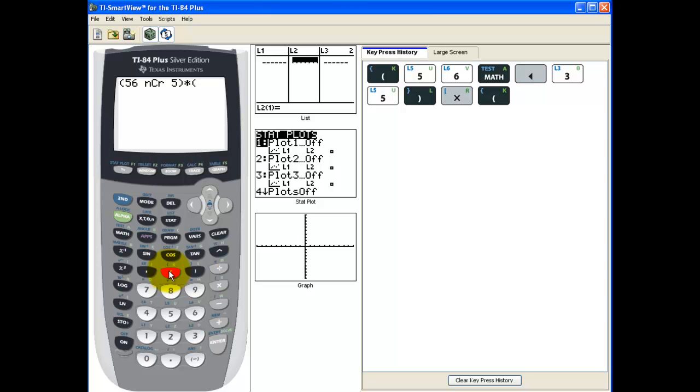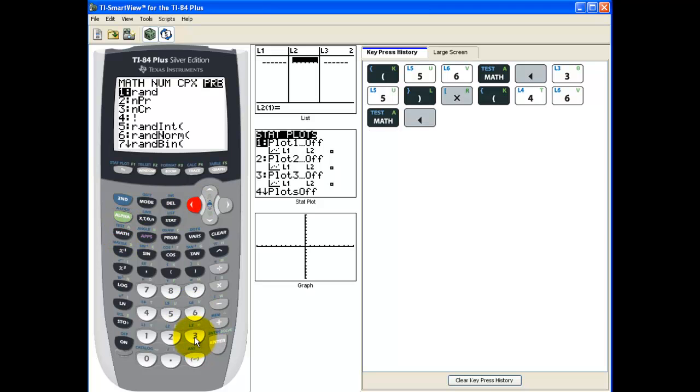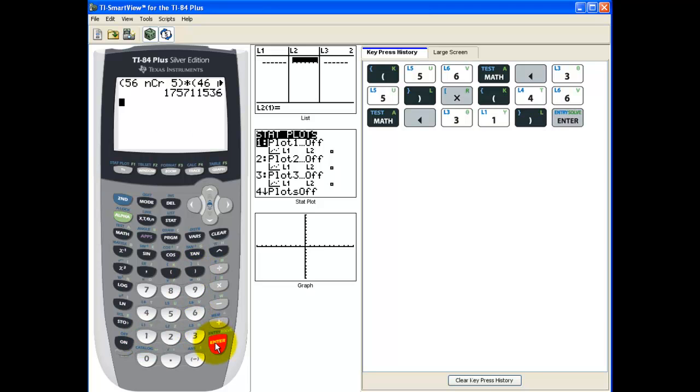Times 46 choose 1. Now, of course, if you know 46 choose 1 is 46, then you can just key in 46. But suppose you didn't know that. So you want to key in 46 choose 1. And that is the number of ways for that to take place.